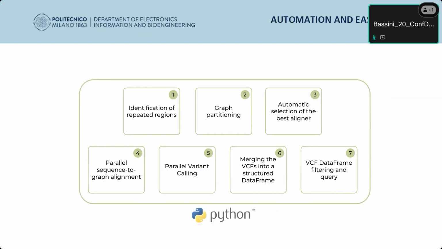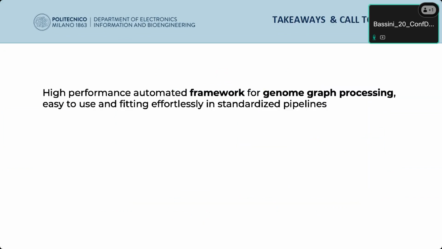For this reason, what I want to create is a Python binding of the whole framework to increase its automation and make its adaptation to the pipelines already used by bioinformaticians easier. So, to recap, what I've presented today is a high-performance framework for genome graph processing, which can also be very easy to use and can fit effortlessly into the standardized pipeline.